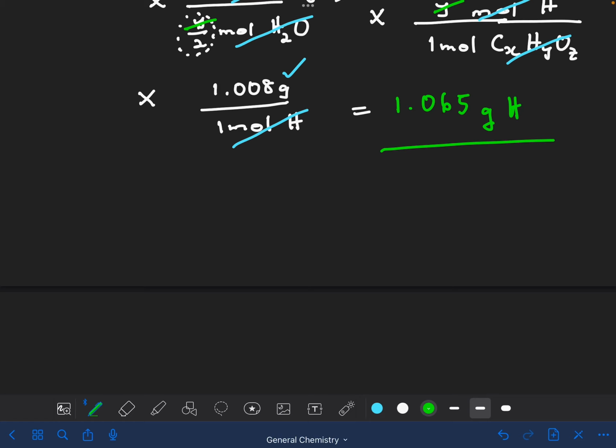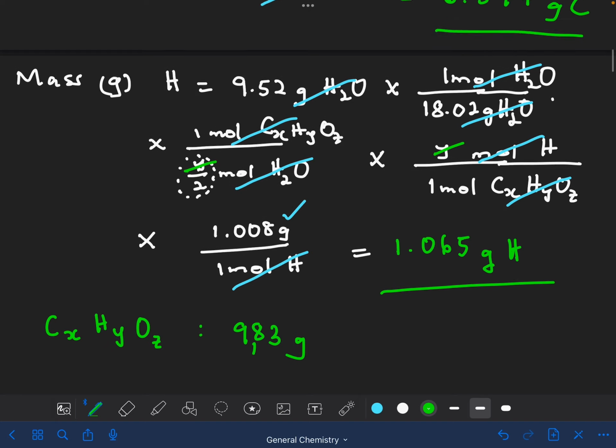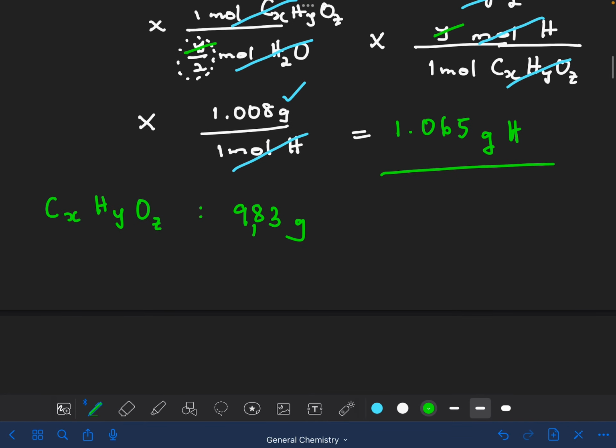All right, so we know that this sample CxHyOz, we've been given that it's 9.83 grams of this sample. So we are going to be determining the percentage composition of carbon from this 9.83, right?